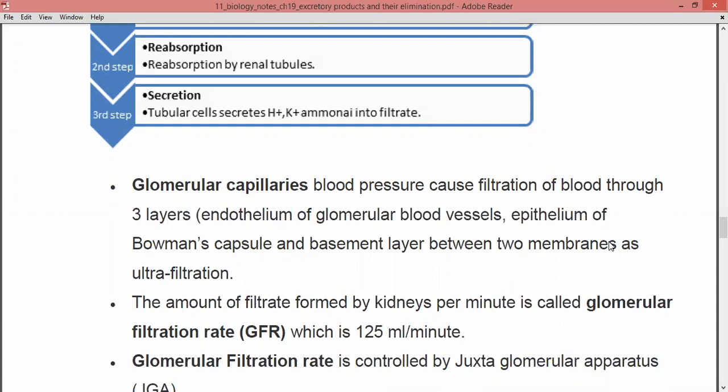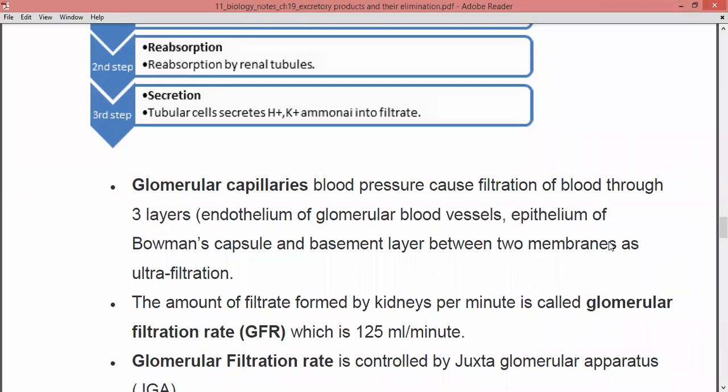In the glomerulus, the network of arteries brings the blood to the glomerulus, where the arteries open and the blood is filtered.